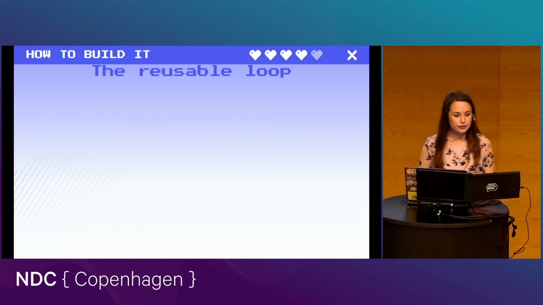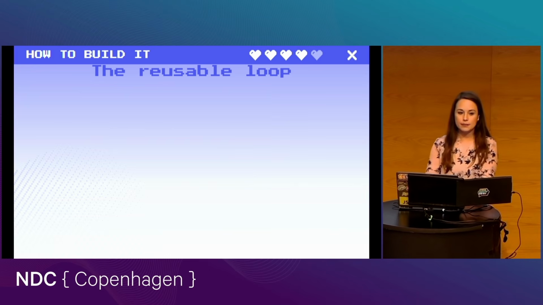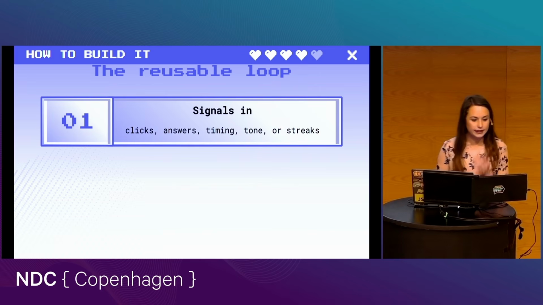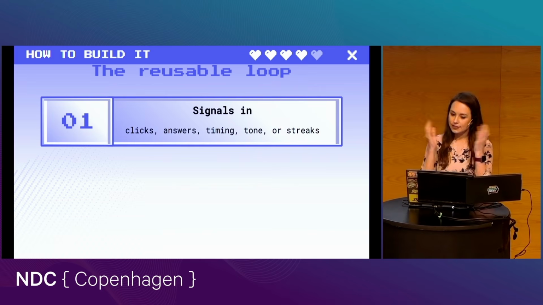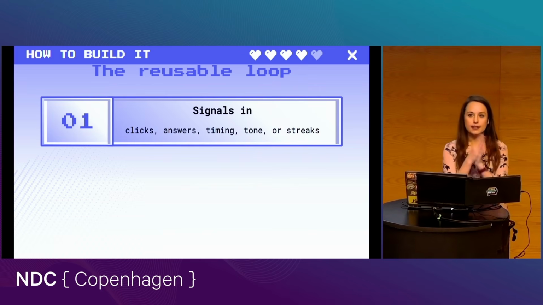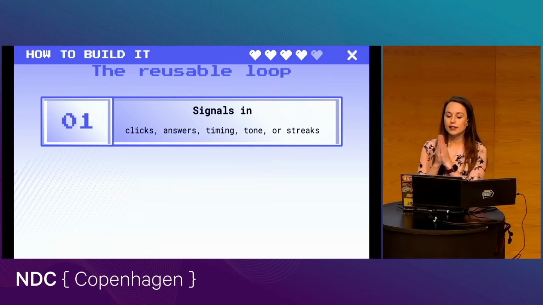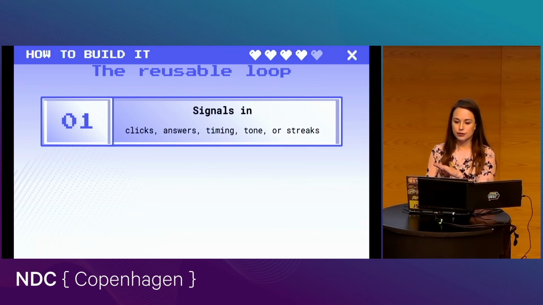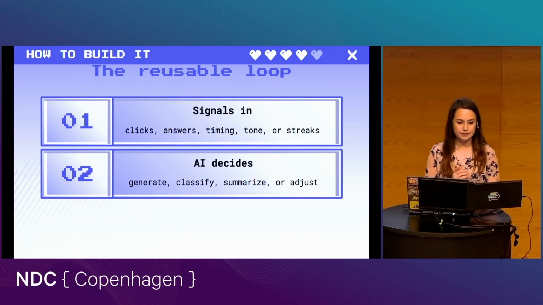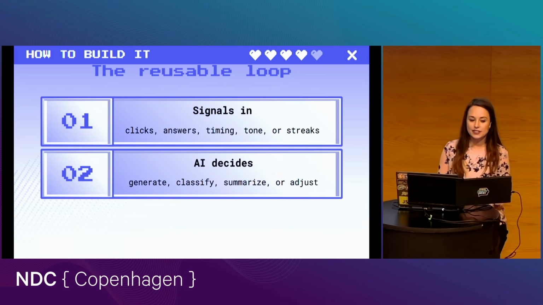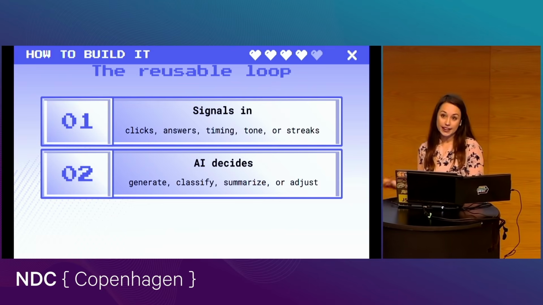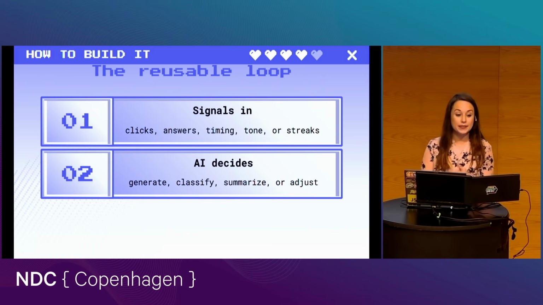So I've got just a few last things. Let's go ahead and recap our overall mental model here. So the first is you collect your signal, right? This could be a click, an answer, timing, a streak, really anything that the app has to observe the user doing. And then second, AI gets one focused job. So you generate something, you classify something, summarize something maybe, whatever it may be.